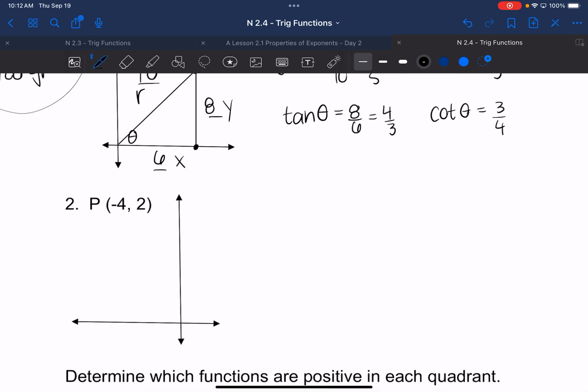All right, looks like we were all able to draw that triangle and find the missing side.